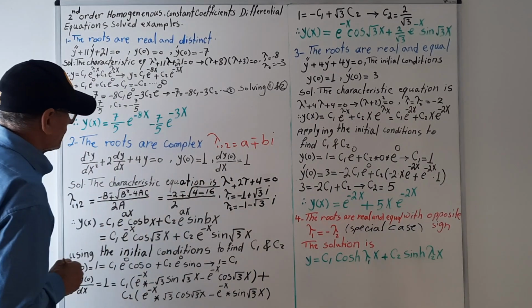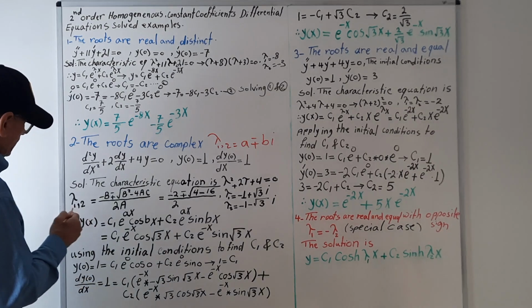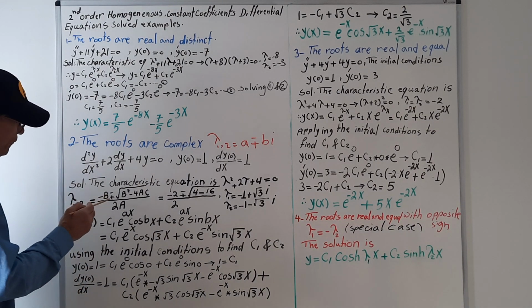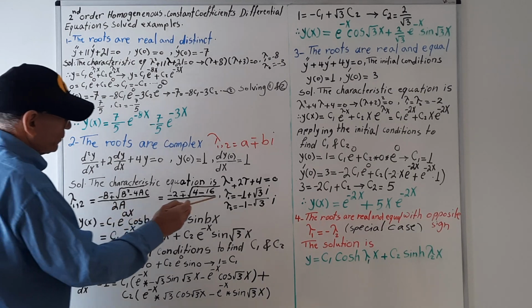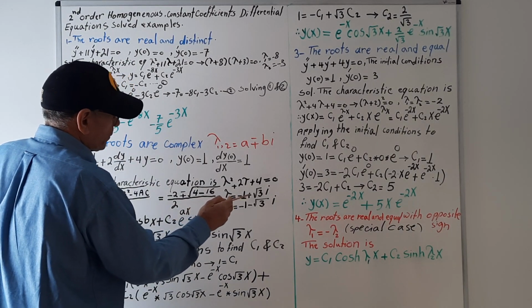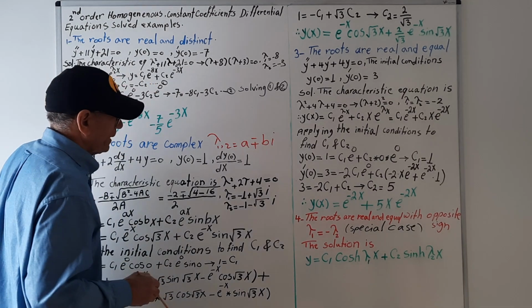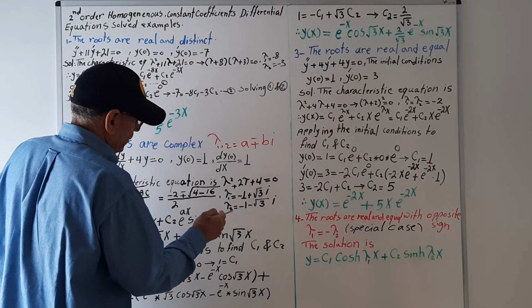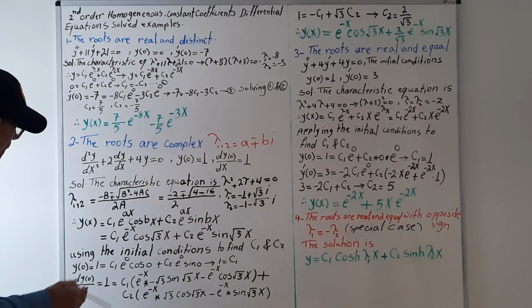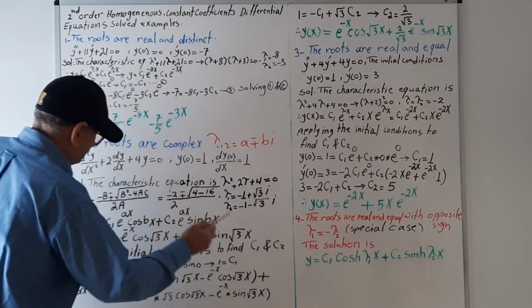Here is our characteristic equation, and here is the quadratic formula, and we find lambda 1 equal minus 1 plus root 3 i, and lambda 2 is the conjugate of lambda 1. This is our solution.